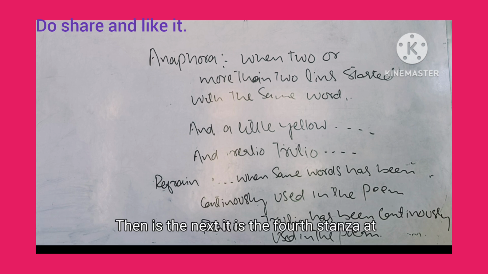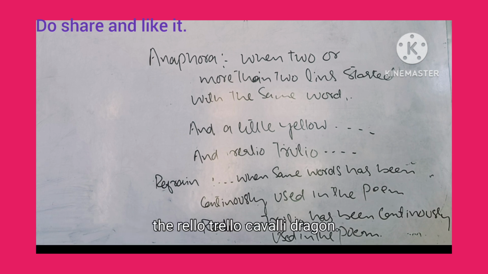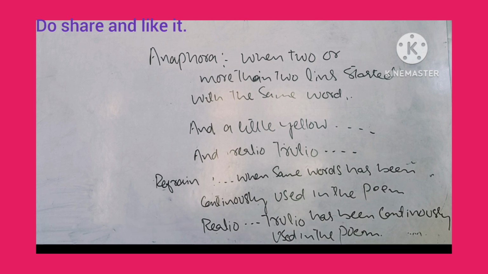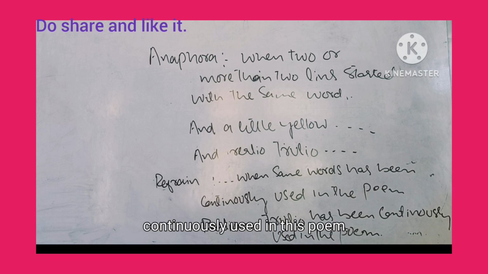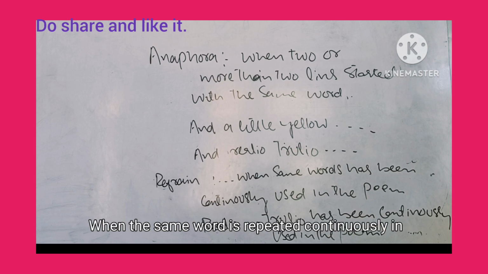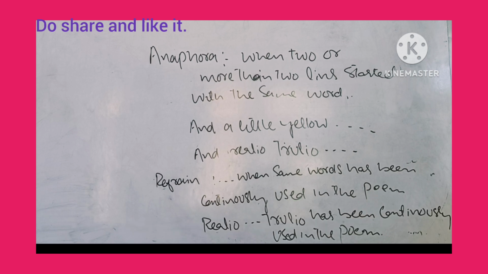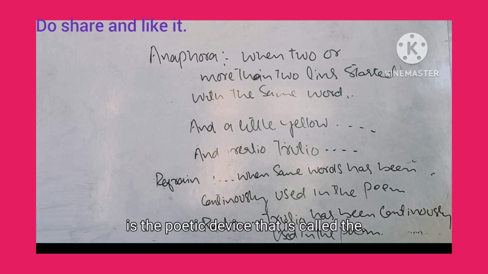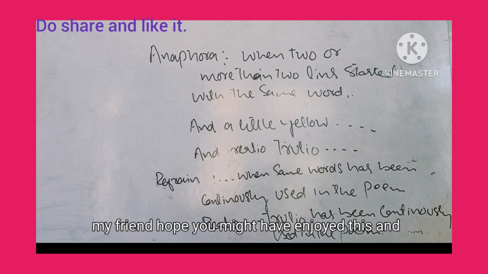Then the next, the 4th stanza, "rallo trallo cavalry dragon". So rallo and trallo are the words that have been continuously used in this poem. So this is called the refrain. When the same words repeat continuously in the poem, at the end of the stanza or maybe in the middle of the stanza, this is the poetic device called the refrain.